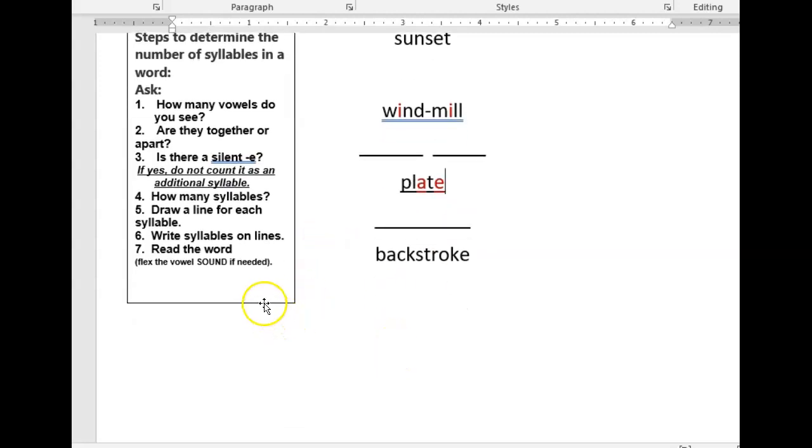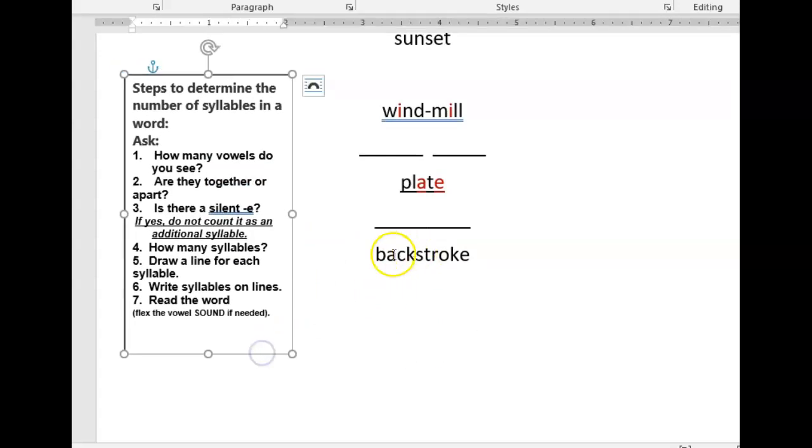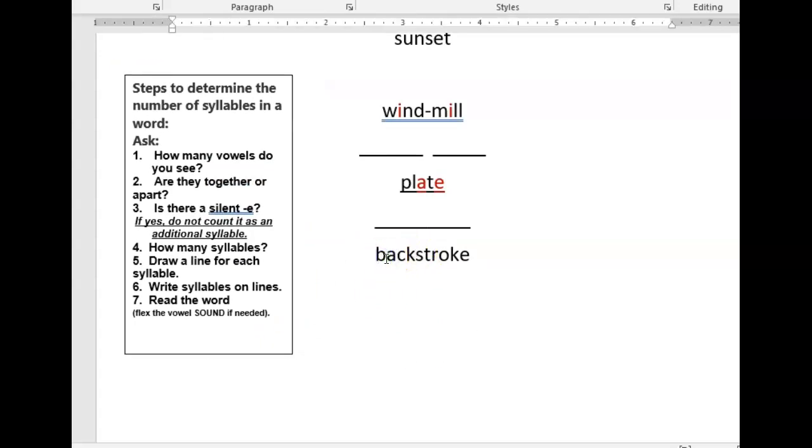Let's take a look at this last word we're going to practice with. We ask our questions, how many vowels do you see? So we would count them and identify them. We have an A, we have an O, and finally we have an E. So we have three. Are they together or apart? They are apart. And we can see here we do have a silent E. So we have three vowels that are apart, but we have a silent E. So we are going to have two syllables, right?